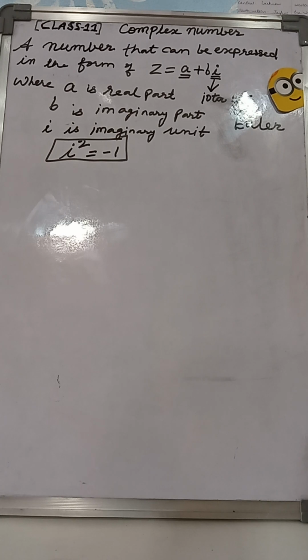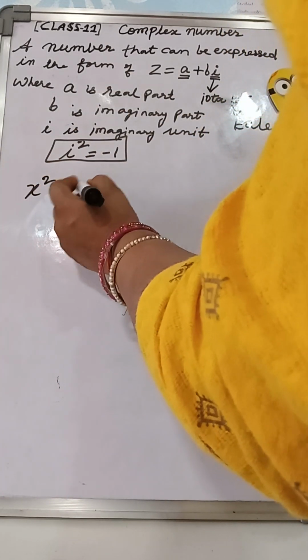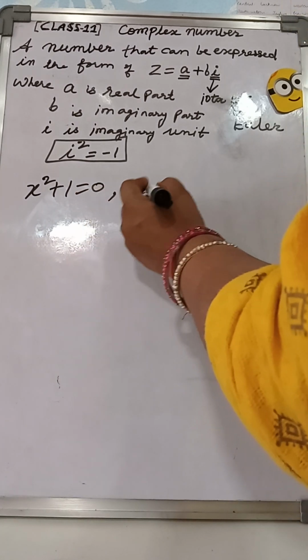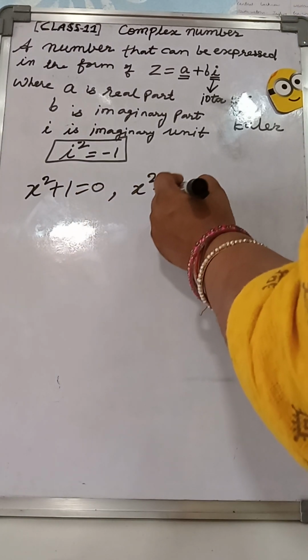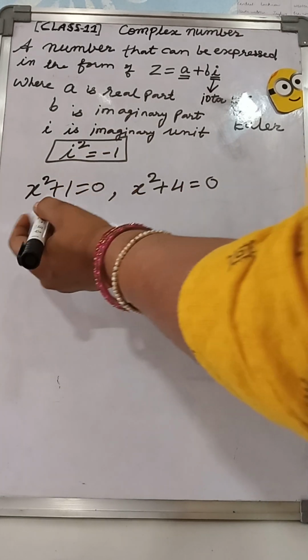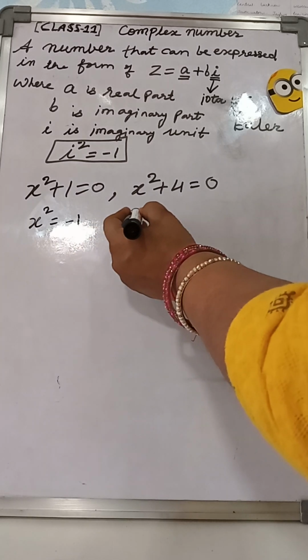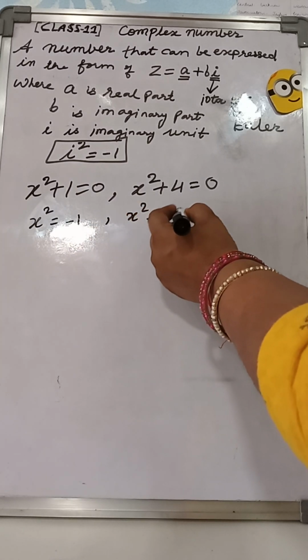But why did mathematicians need complex number? Because once mathematicians found themselves unable to solve an equation like x square plus 1 equal to 0 or an equation like x square plus 4 equal to 0. They are unable to solve this type of equation because x square equal to minus 1 and here x square equal to minus 4.